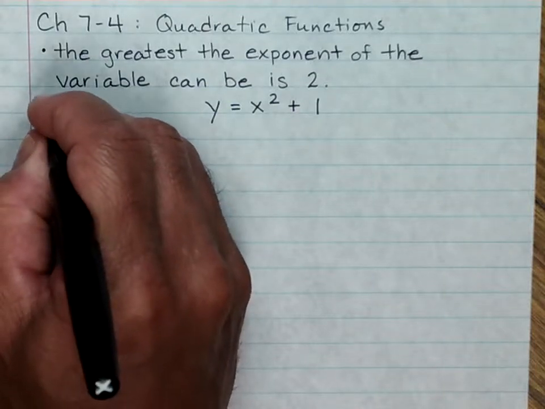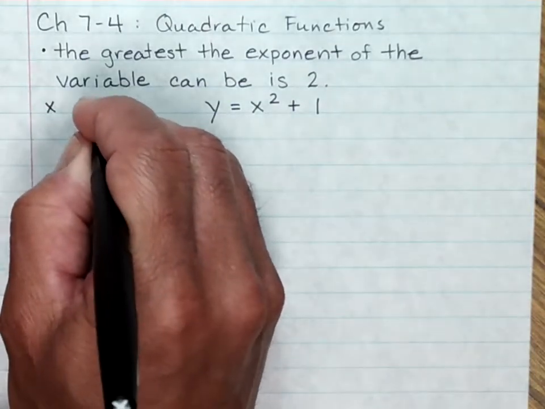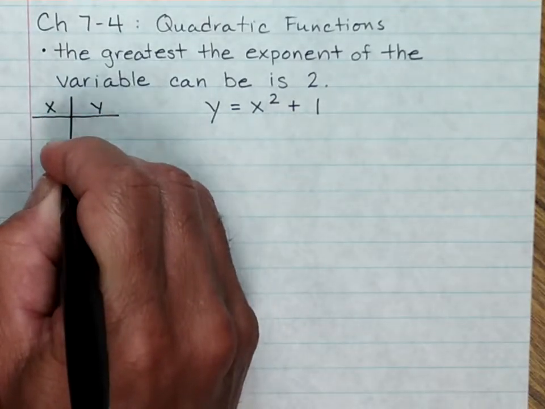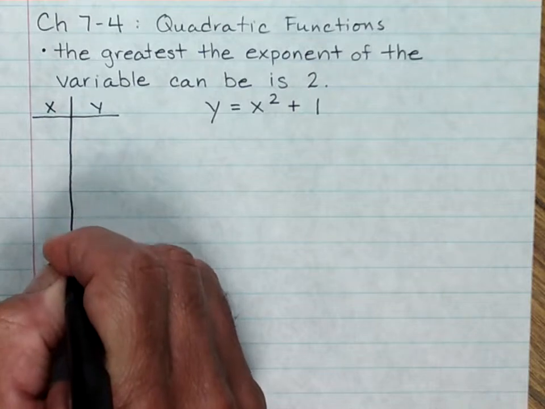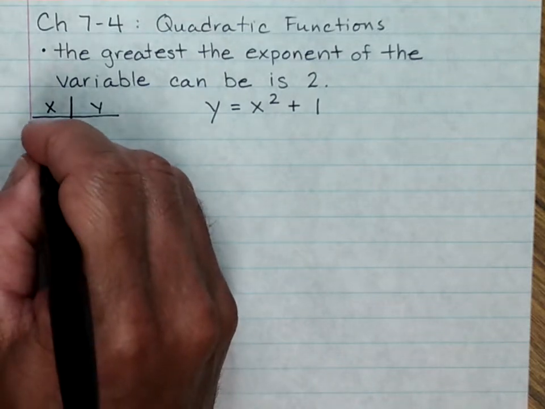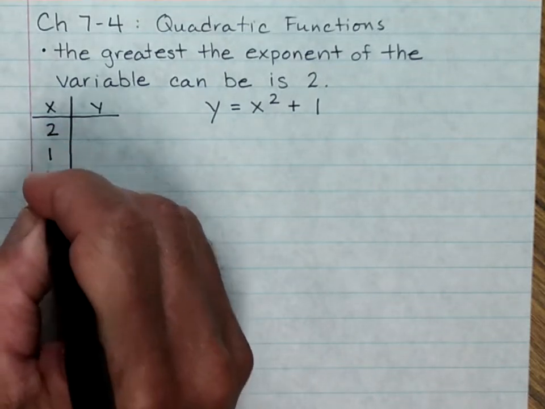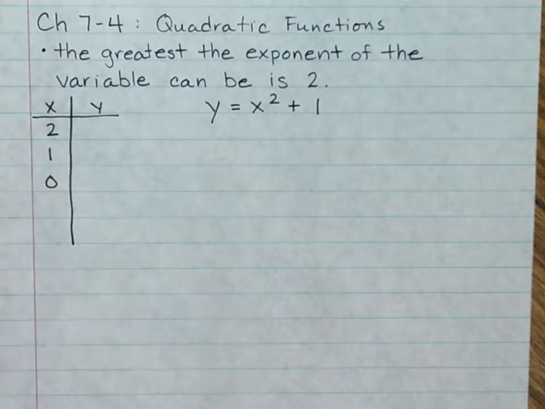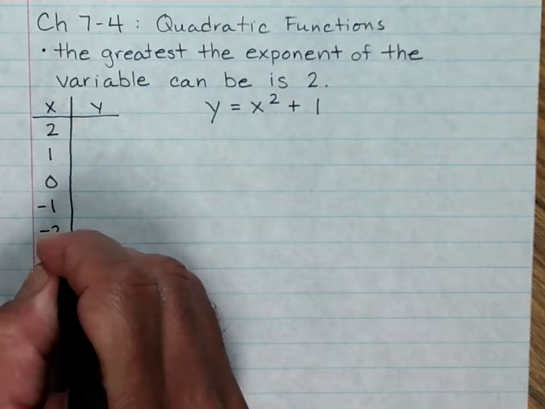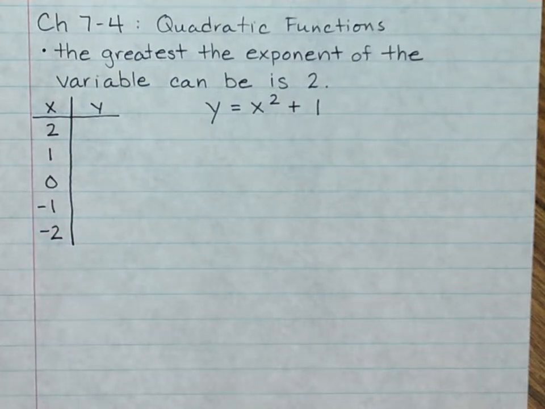Let's make ourselves a t-chart. I am going to be creating the same pattern I usually do on my inputs, which is 2 positives, 0, and then 2 negatives. If you feel like being more creative when you do your homework, go right ahead.